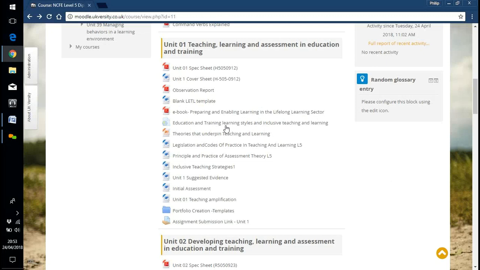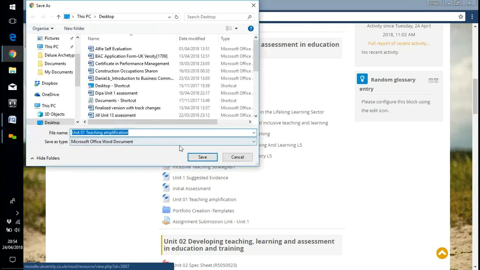Inclusive teaching and learning, education, training, learning styles, theories that underpin teaching and learning, legislation and codes of practice, inclusive teaching strategies, and a teaching application. You've got access to the VLE, okay? Have you? You can get it, what I'm on now. Yeah, okay, that's fine. So I'll put this one on purely because I want to use it as an example as much as anything.